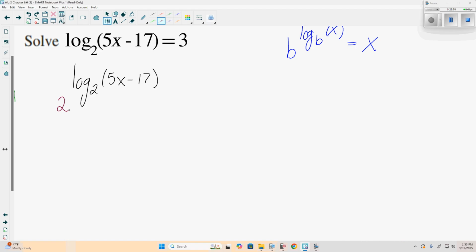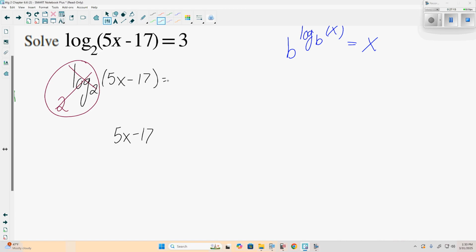That will simplify out, leaving us with 5x minus 17. When the base and the base of the log are the same, those simplify out.